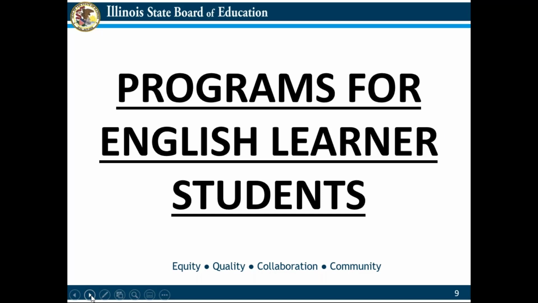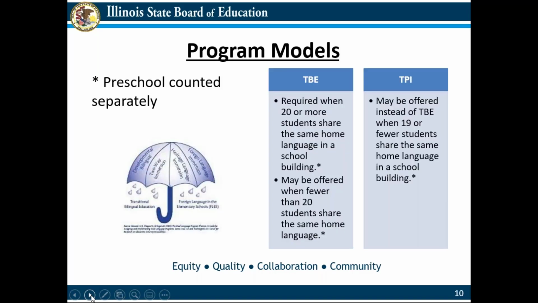Okay, so now we're going to continue with the programs for English learners, the different program models. There are 2 program models, and these program models will depend on the number of students of the same language in the attendance center. This is actually the attendance center, not district-wide.